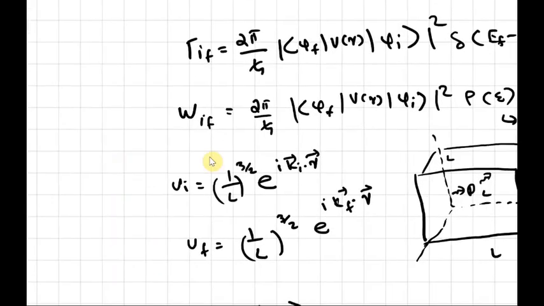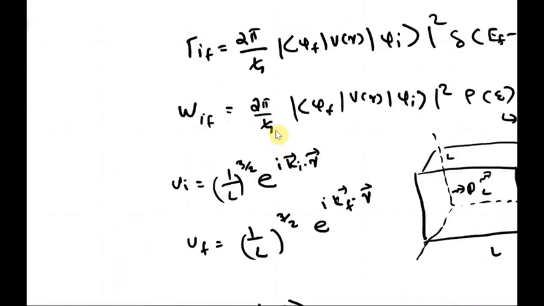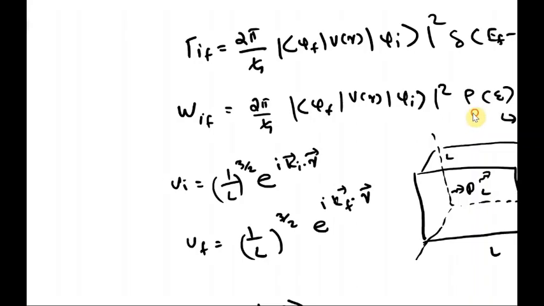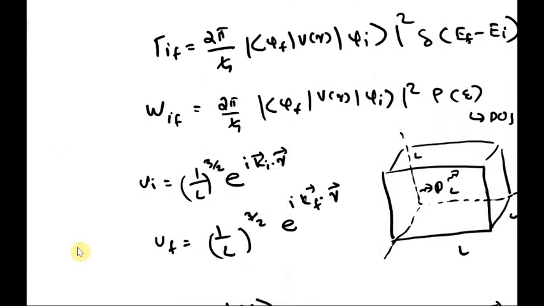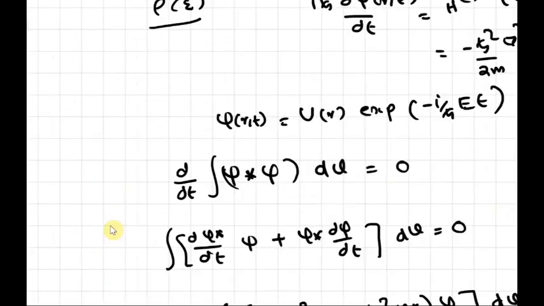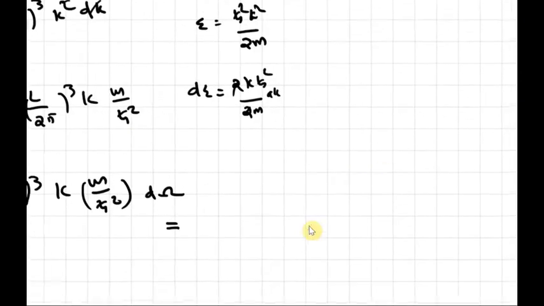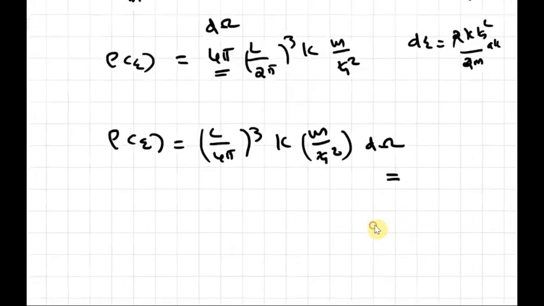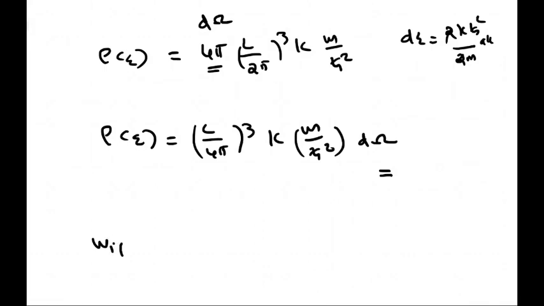So that is W_IF equal to 2 pi by h cross into this quantity that we obtained, and rho of E. Just substitute. W_IF equal to 2 pi by h cross.